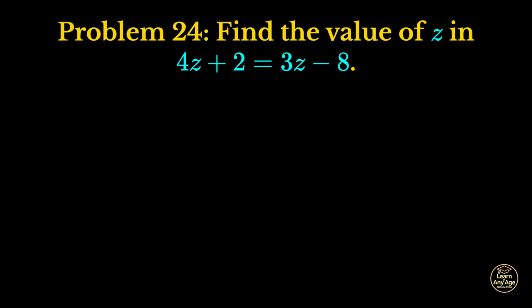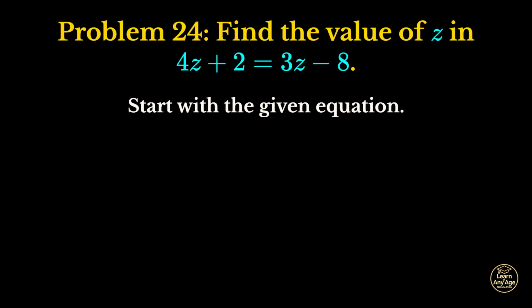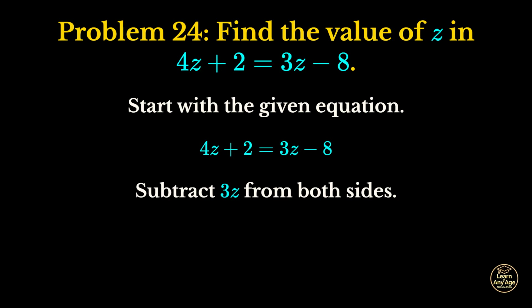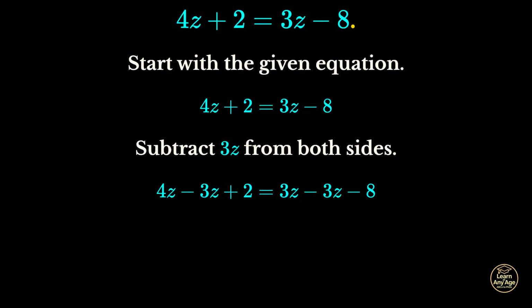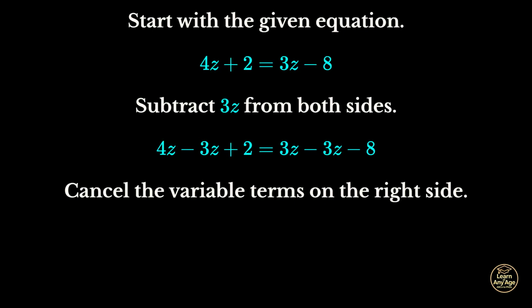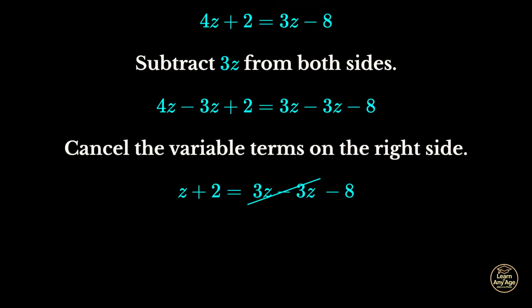Problem 24. Find the value of z in 4z plus 2 equals 3z minus 8. Start with the given equation. Subtract 3z from both sides. 4z minus 3z plus 2 equals 3z minus 3z minus 8. Cancel the variable terms on the right side.